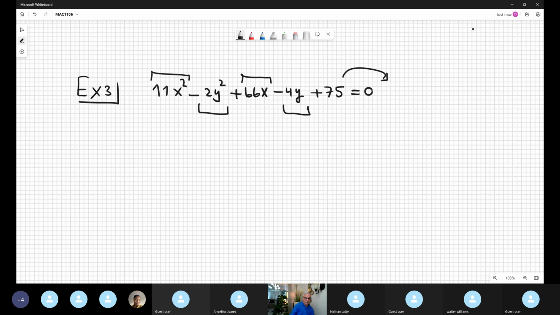You copy now: 11x squared and 66x. 66, not 6. This is a square, this is linear. But I say, wow, wait a second. I see that 11 is a common factor. So you factor out 11. You have x squared plus 6x plus, and the box can help me to complete the square.